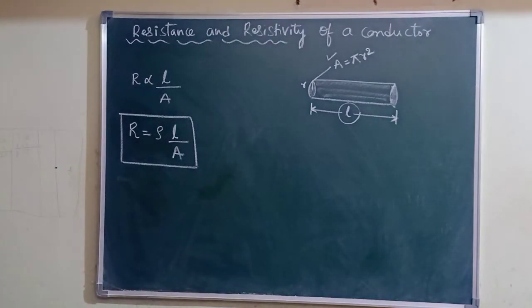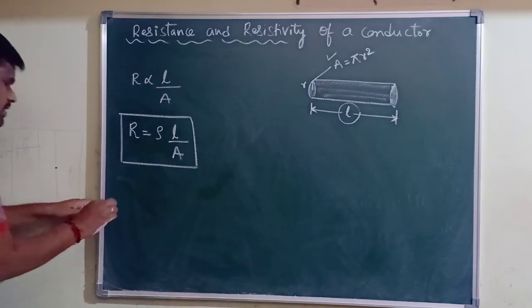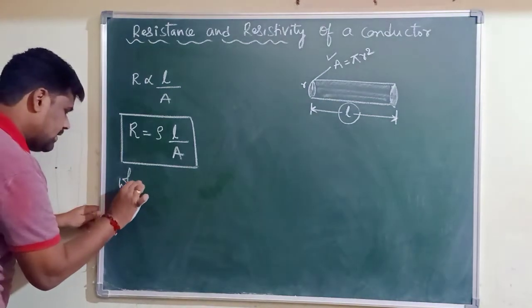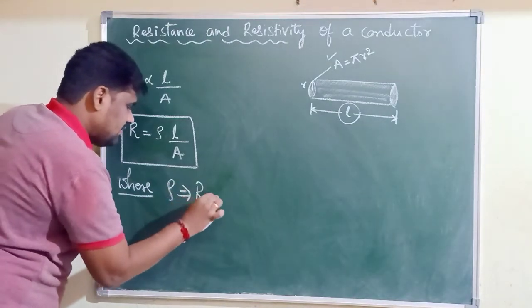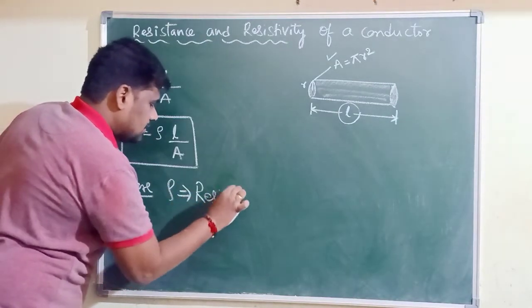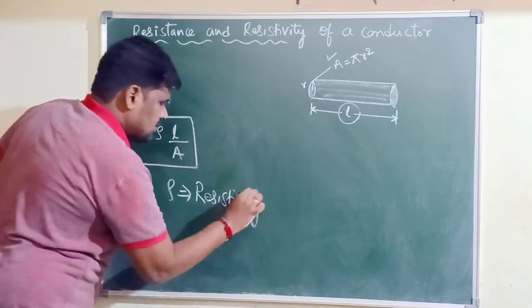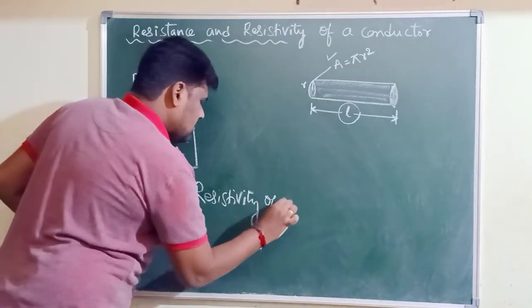Resistivity. Proportionality constant we'll call it as resistivity. Where rho stands for resistivity of a conductor.